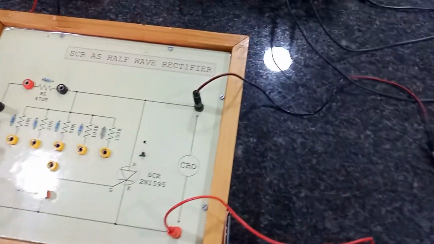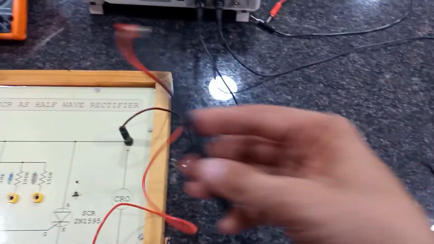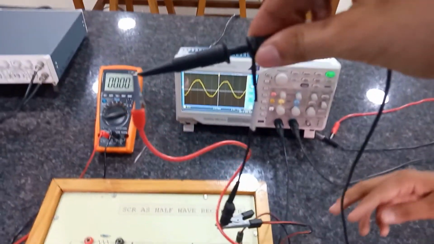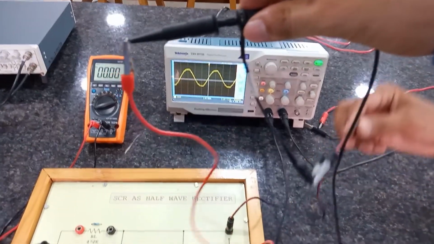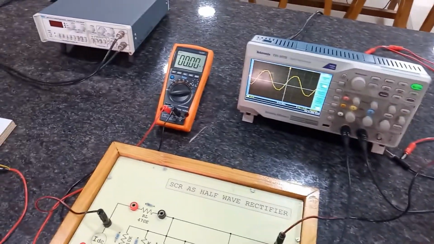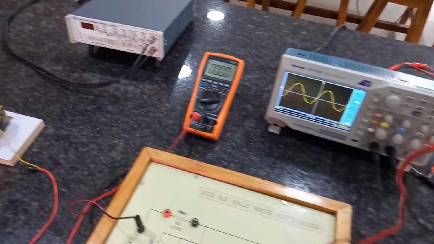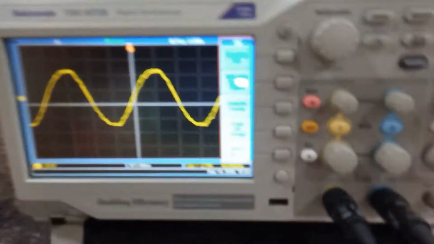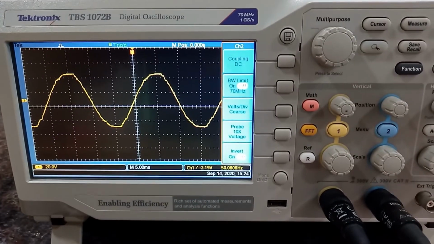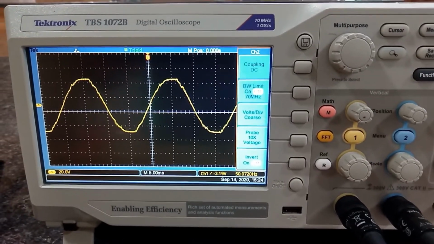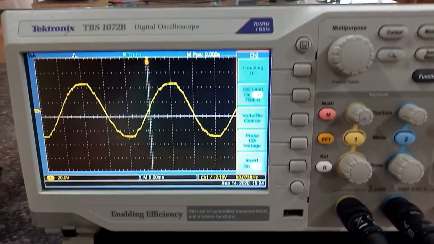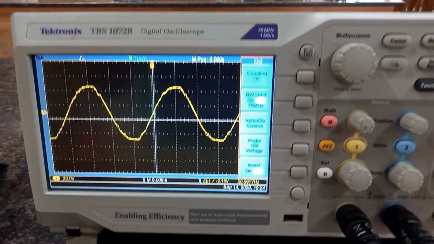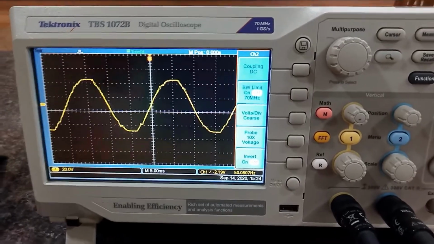You can see the negative terminal and positive terminal are connected to the CRO probe. As we connect this to the CRO, you can see a pure sine wave being observed on the digital oscilloscope, right?